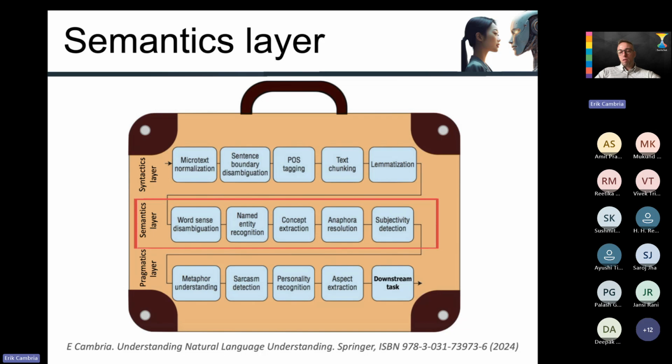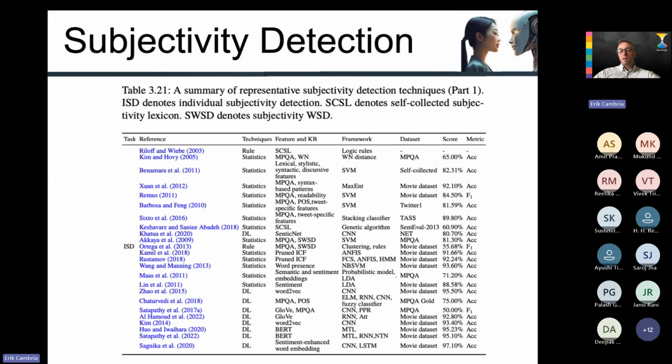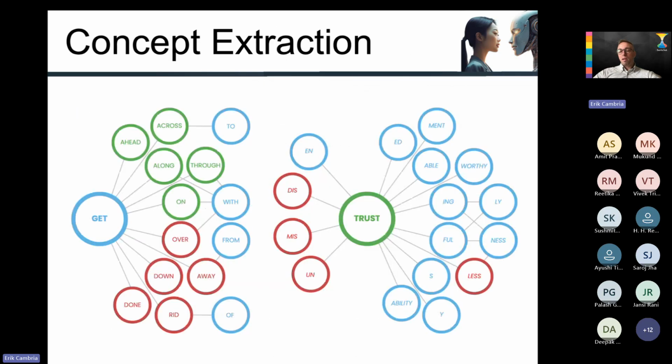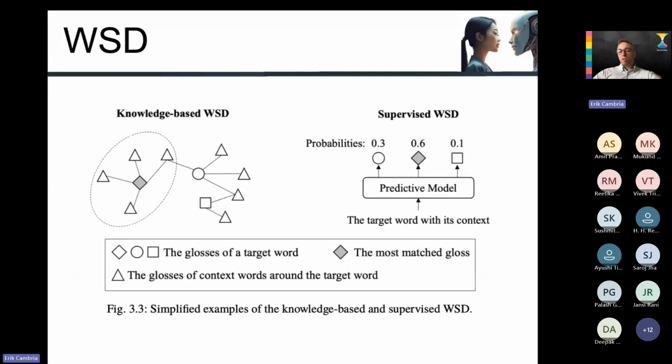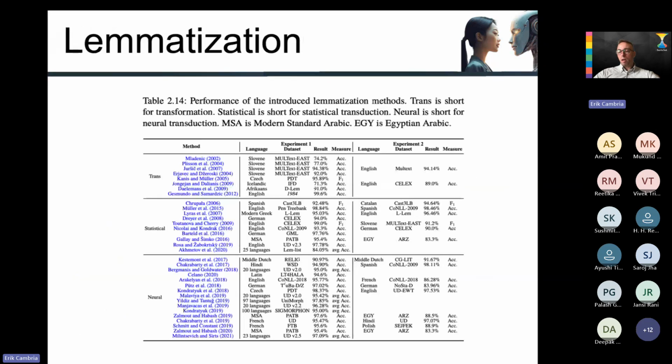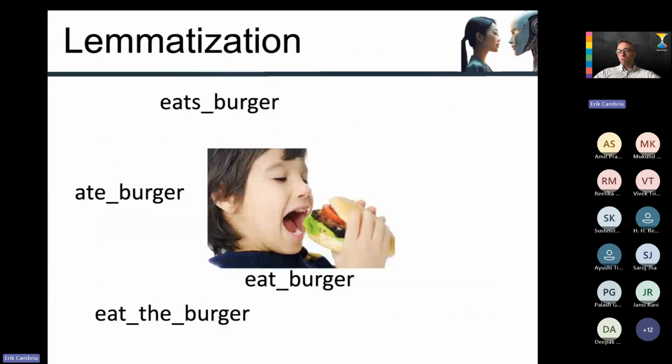And it's important, I think, to have a module in your framework that is handling at least some of these tasks. Because once again, it's a mistake to think that all these will just emerge automatically when I throw a lot of data.